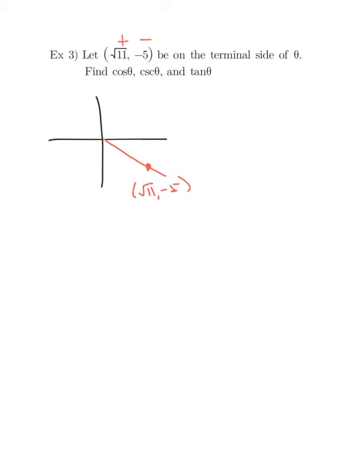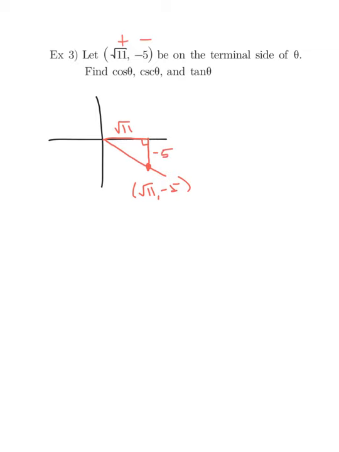So if you went from that point and drew a vertical, a perpendicular, so that now you have a right triangle, well then the x amount of that right triangle has to be the square root of 11, and the y amount has to be the negative 5.